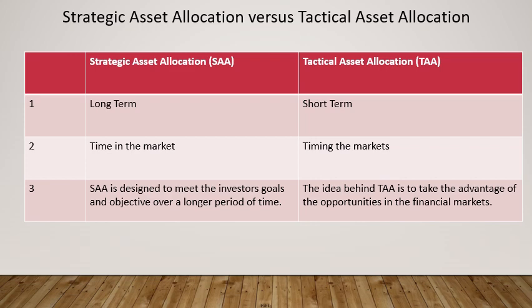In tactical, you time the market. Please understand this very interesting difference. Strategic is about how much time you want to be in the market, and tactical is about when you want to enter the market. Strategic asset allocation, or SAA, is designed to meet the investor's goal and objective over a longer period of time, while tactical asset allocation is to take advantage of opportunities in the financial markets.